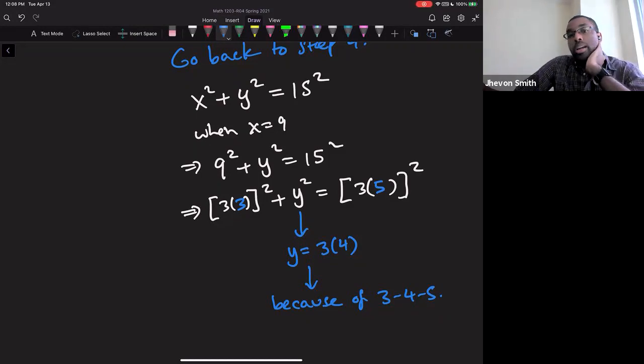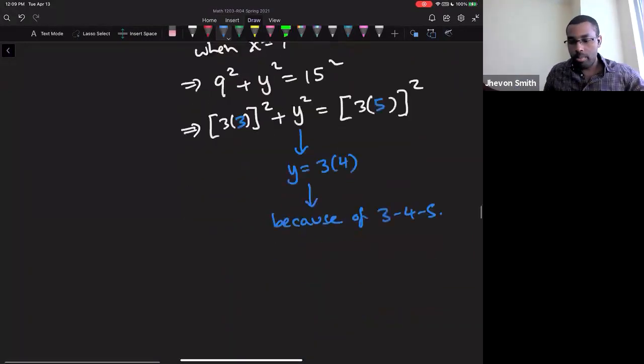The nice thing about these triangles is that by similar triangles, you can make it proportional. It keeps the relationship if you multiply each term by a non-zero constant. So if you have a 3, 4, 5 triangle, I can multiply each length by 3, and then I would end up with a 9, 12, 15 triangle, right?